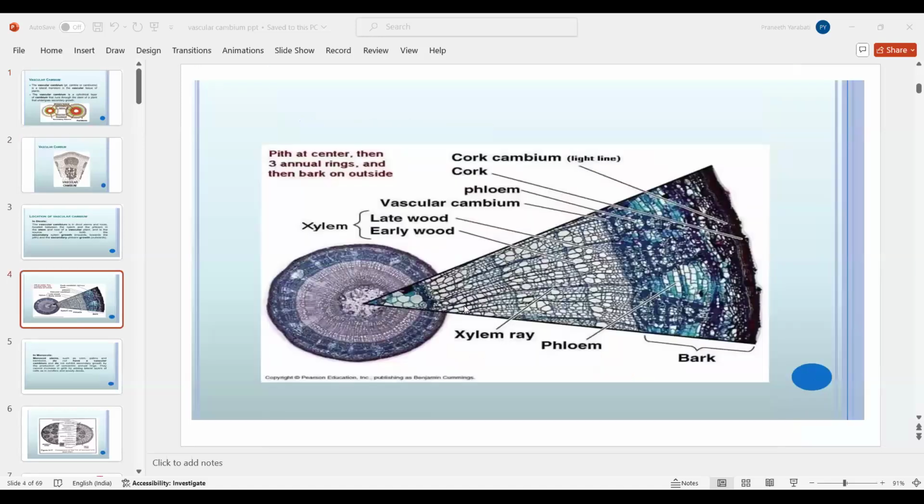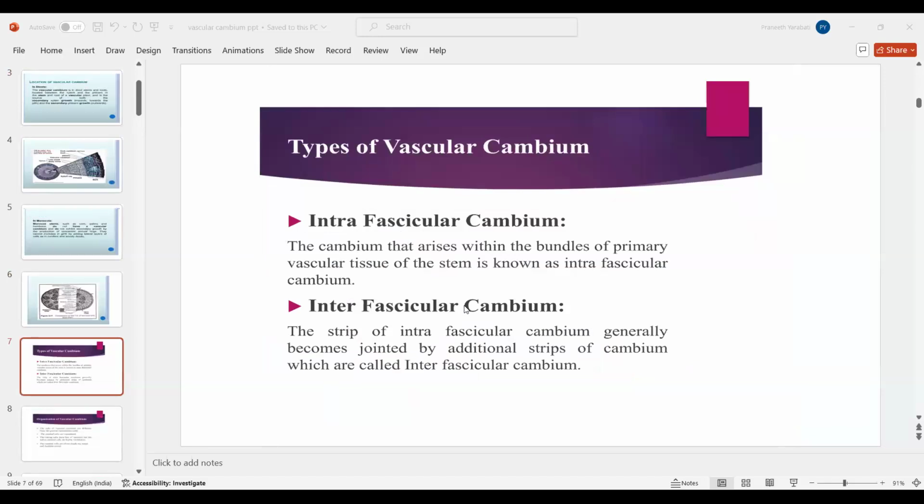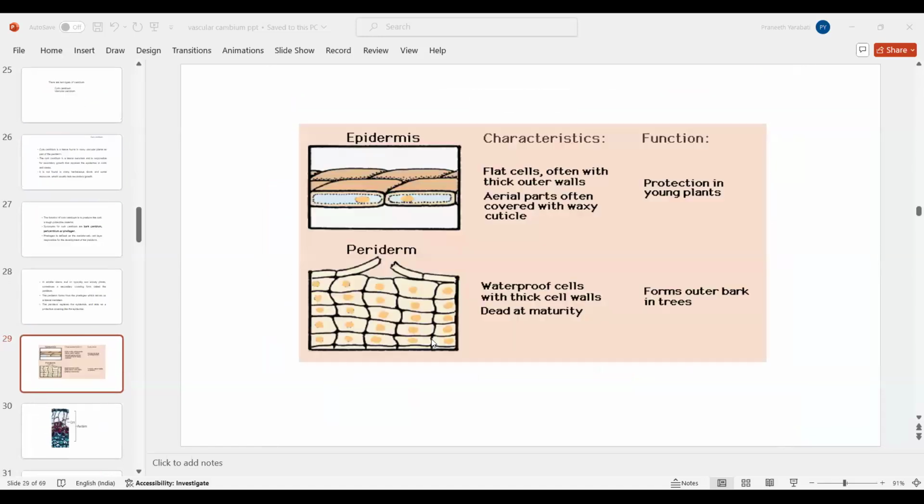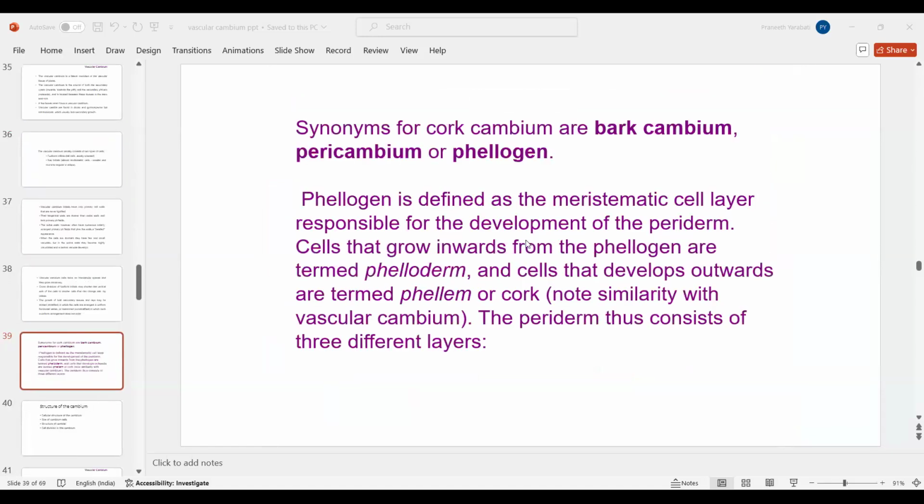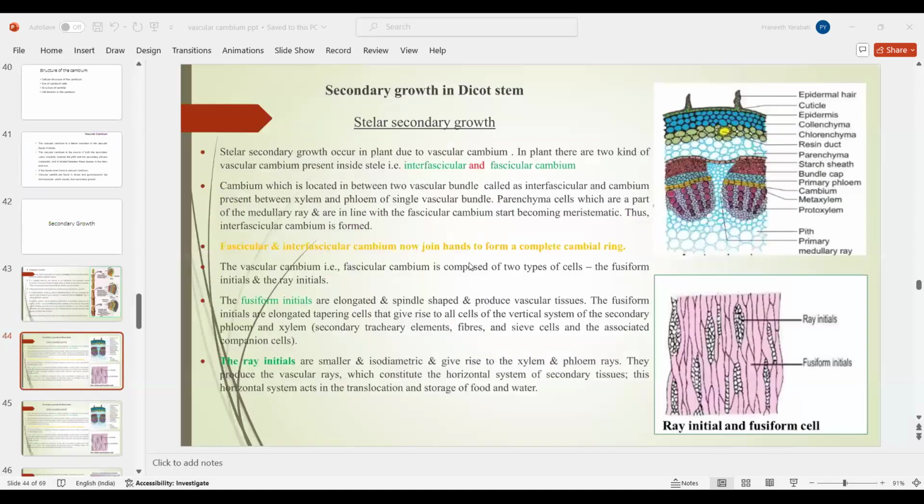So reminded once again, my dear friends, if you have any doubt regarding this class, please interact with our respected madam. Okay? Any doubt? So Srinaini has one doubt, that is intravascular and intervascular.